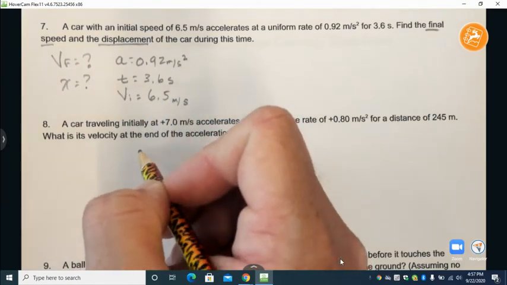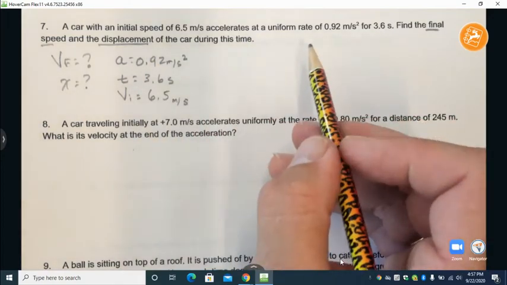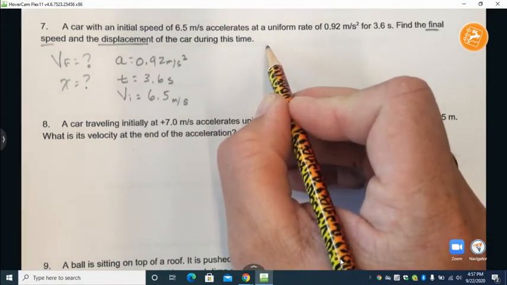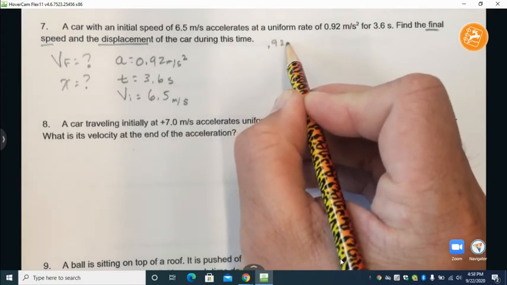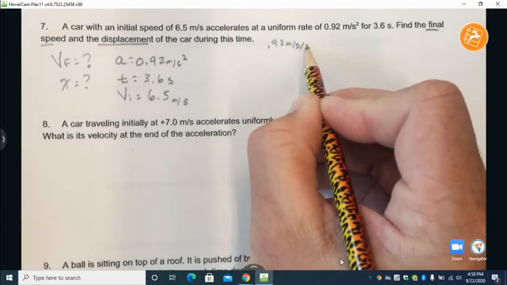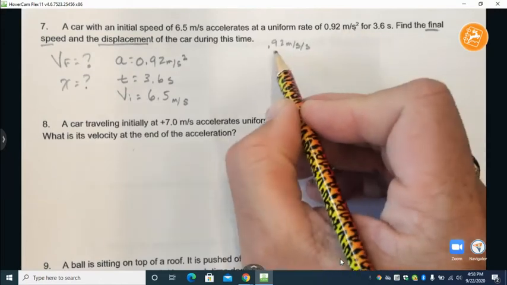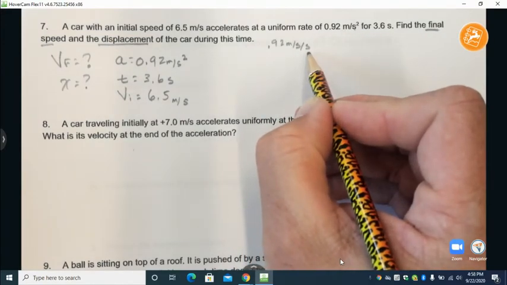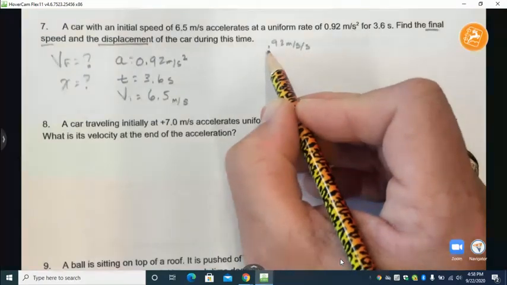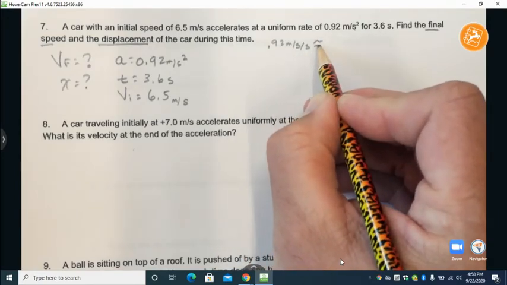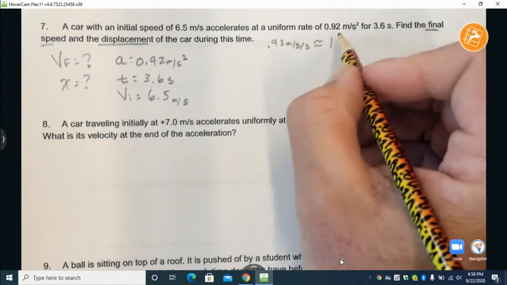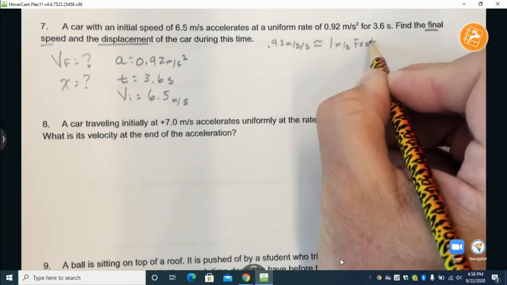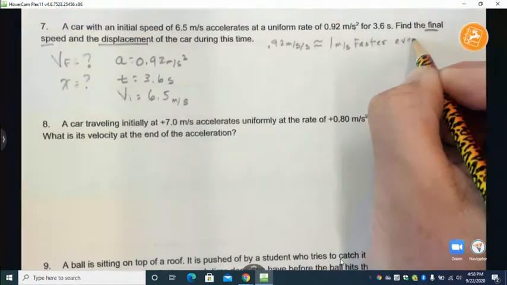Okay, so we think about how to solve this. We remember this is a ratio. So without an equation, we can just say 0.92 meters per second. We can rewrite that meter per second squared into this relationship. For simple, easy manipulation, I'm going to round this to 1. So this is approximate to 1. So this car is going to go 1 meter per second faster every second.